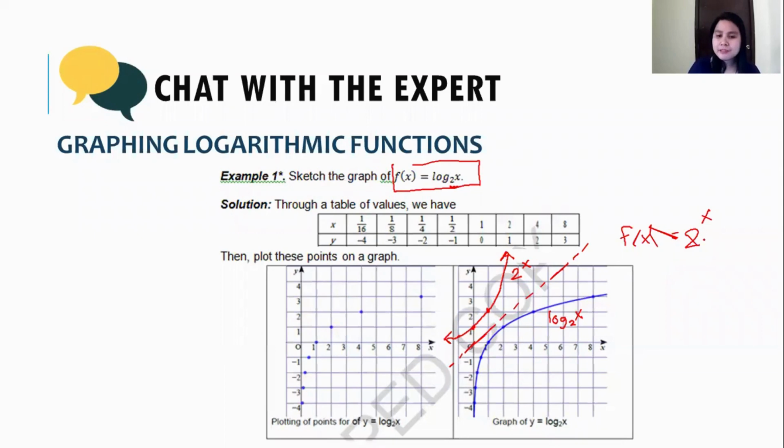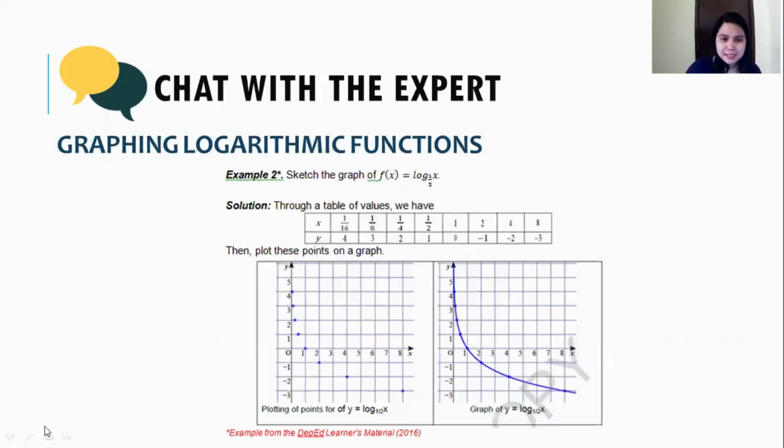If your base is a whole number, like 2, it will move upwards, increasing, like the exponential. But if your base is between 0 and 1, like log of 1/2 x, then it will look like this one. That will be a sample for your graph.